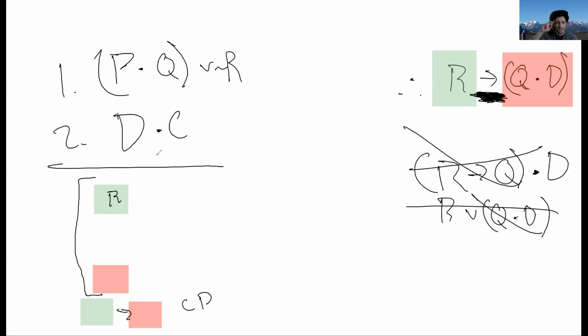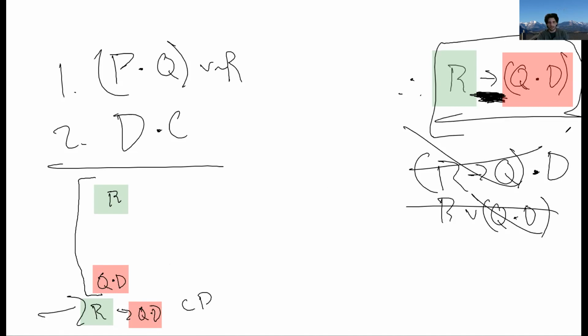Before, it was like not P or something. However complicated it is, put all that right in there. Same thing down here. We're just going to take whatever is on that right side and put it in. They don't change: the green is still green, red is still red. And notice how this line down here is always going to be exactly what your conclusion is.